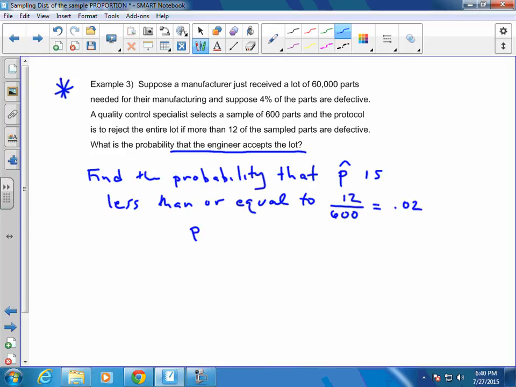So we're being asked to find the probability that our sample proportion is less than or equal to 0.02. Now we know that our population proportion is 4%, or 0.04.